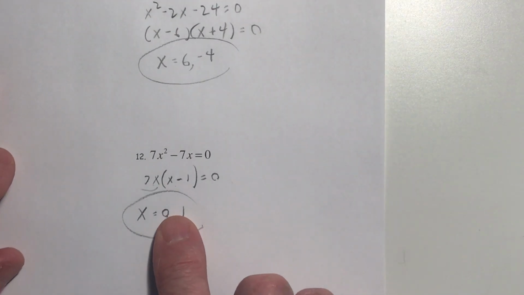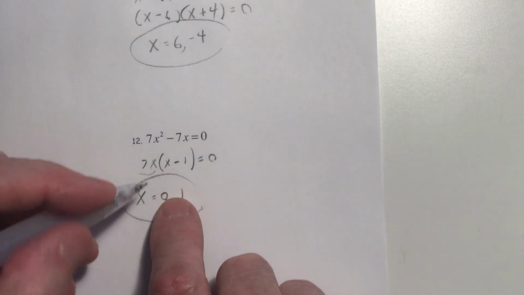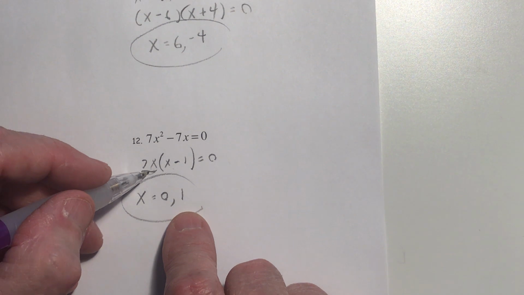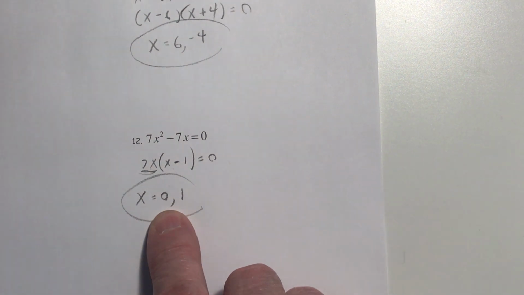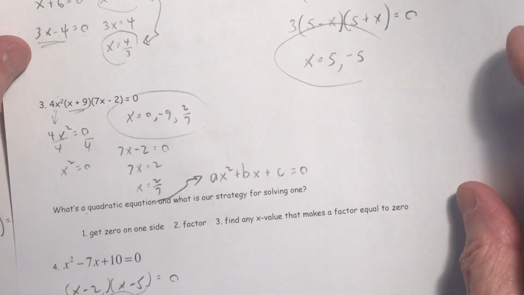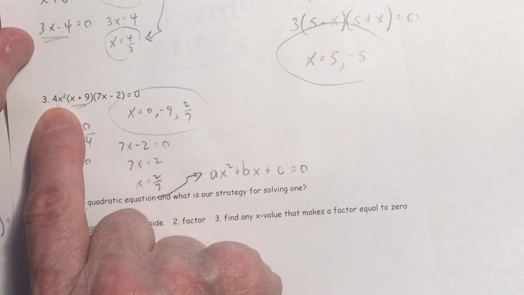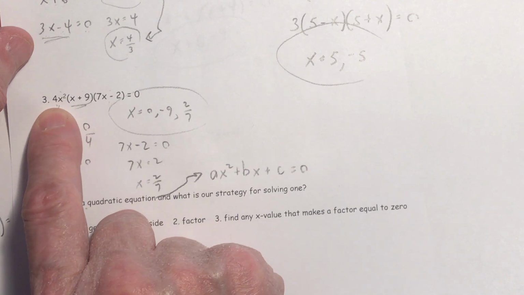This one is different because you have this standalone some number times x as a factor. That's when you get a 0 solution. We got a 0 solution on page 1 when we were looking at this. This was not a quadratic, but it was all factored for us. We had a standalone x times a number.